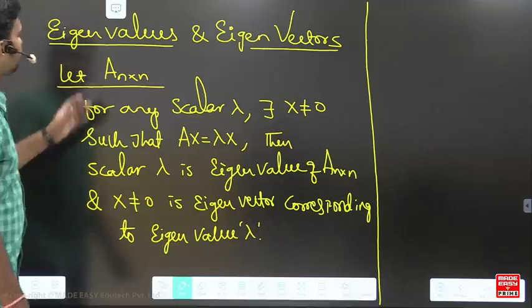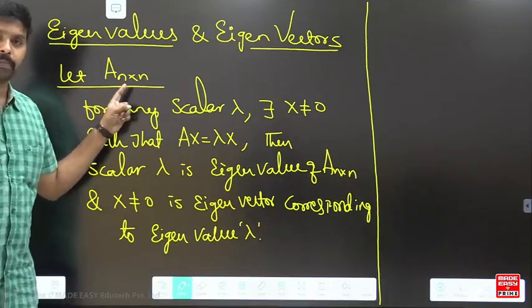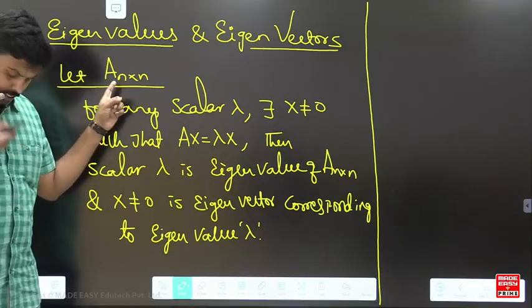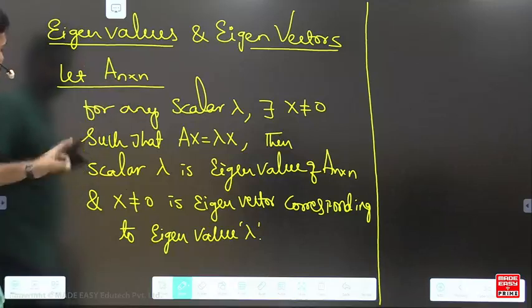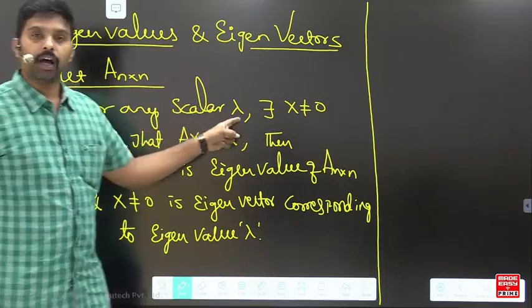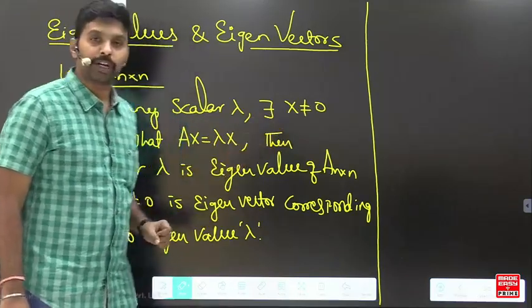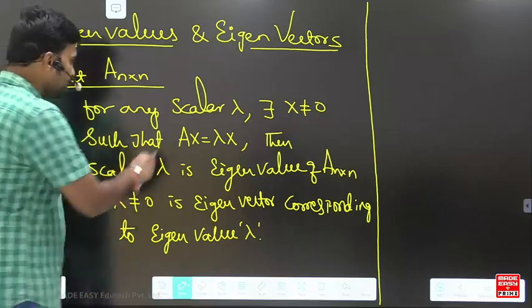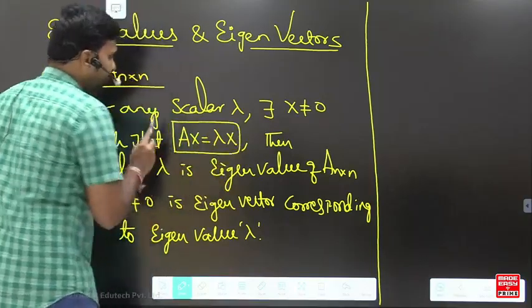Right, fine. So here let A be an n by n matrix. I am saying right here itself that it's a square matrix. For any scalar lambda, there exists a non-zero vector x such that Ax is equal to lambda x.